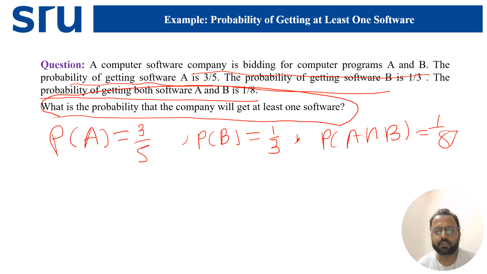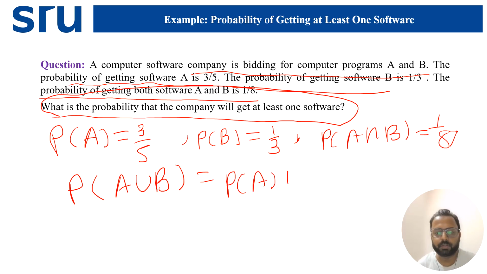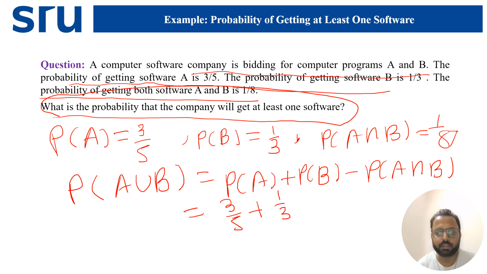So at least one software means the probability of getting A or B. So by the addition rule, probability of A union B is equal to probability of A plus probability of B minus probability of A intersection B. So probability of A is 3 by 5 plus probability of B is 1 by 3 minus probability of A intersection B, 1 by 8.